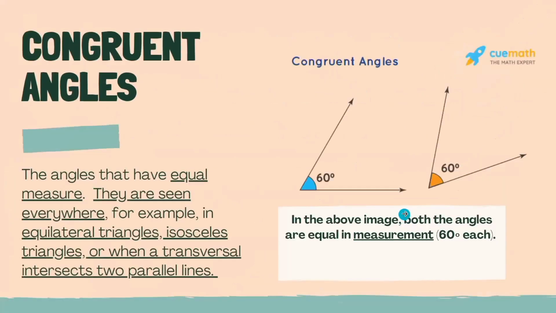Congruent angles: the angles that have equal measure are seen everywhere. For example, in equilateral triangles, isosceles triangles, or when a transversal intersects two parallel lines. In both images, both the angles are equal in measurement, 16 degrees each.